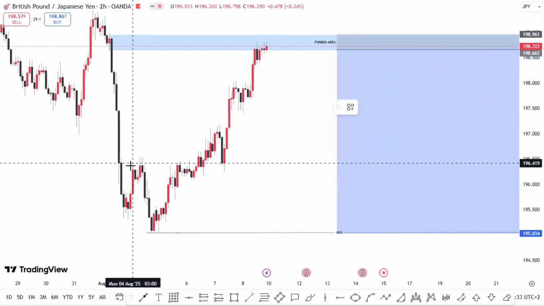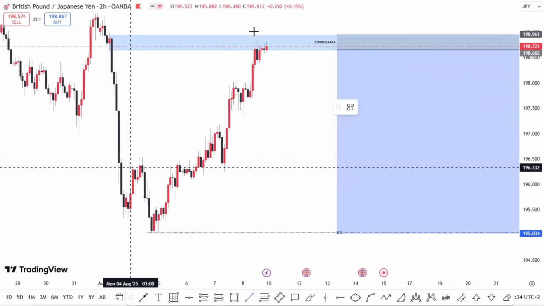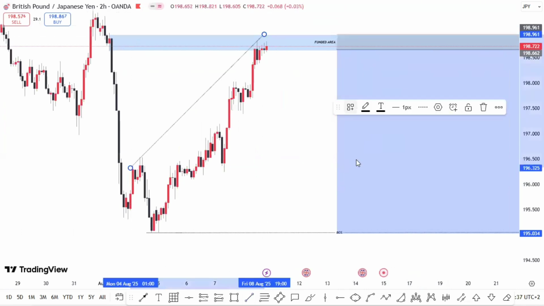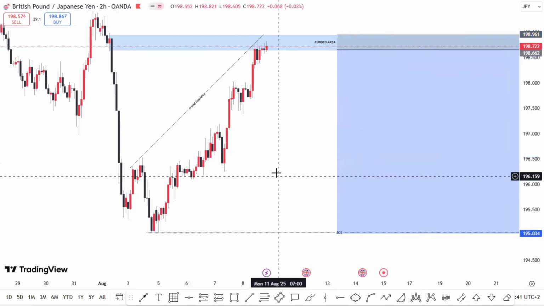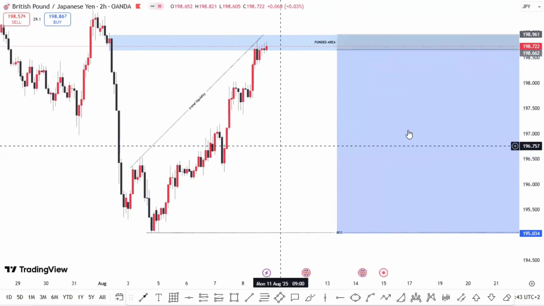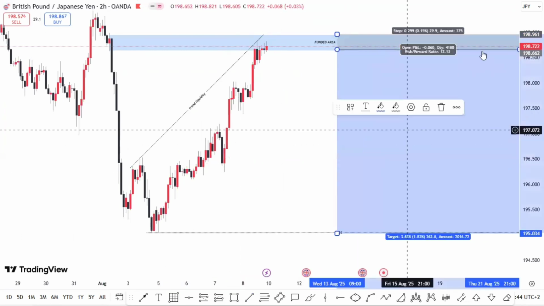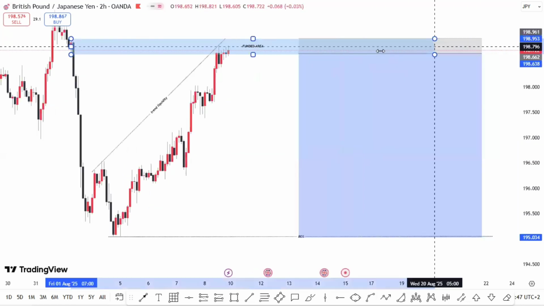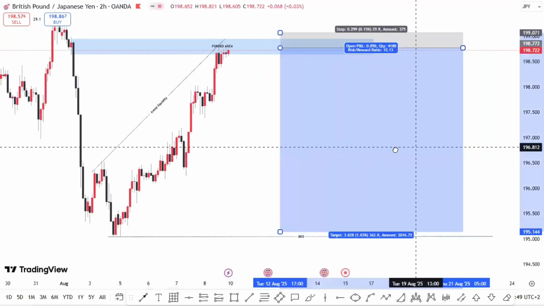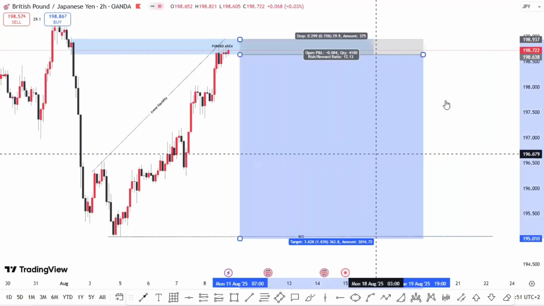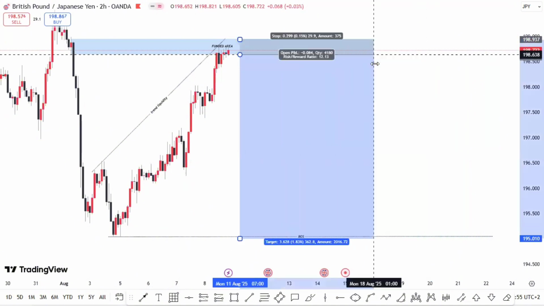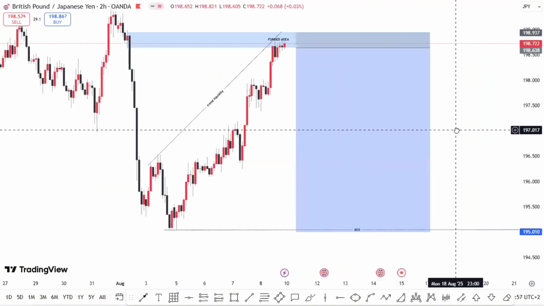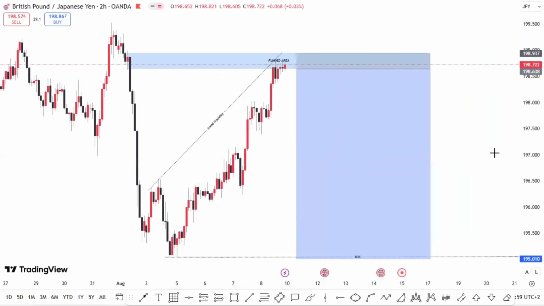So here I can see I have a trendline liquidity, which the market really pulled up to test, tapping our last candlestick before the impulse, which was what I was talking about in the last setup before this one that I was analyzing.